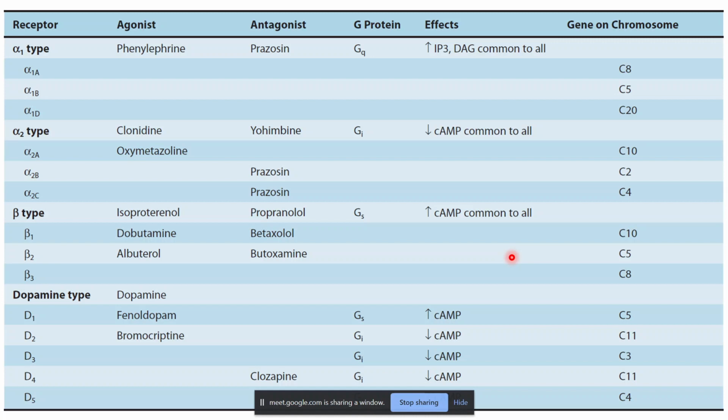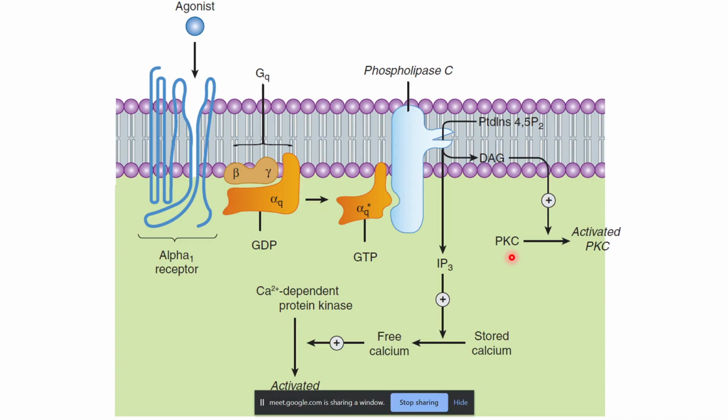It is likely that not only the alpha but also the beta-gamma subunits of G inhibitory contribute to the inhibition of adenylyl cyclase.